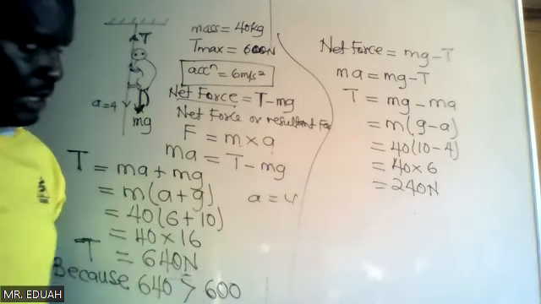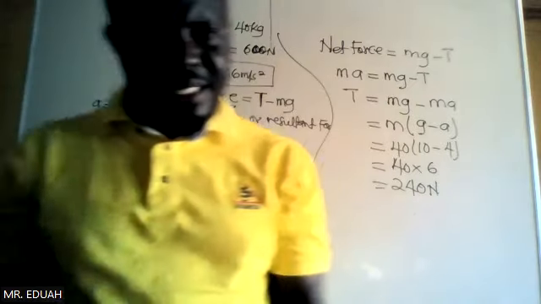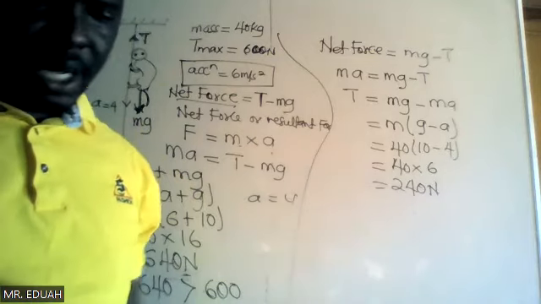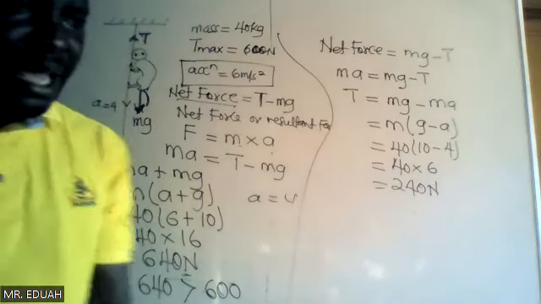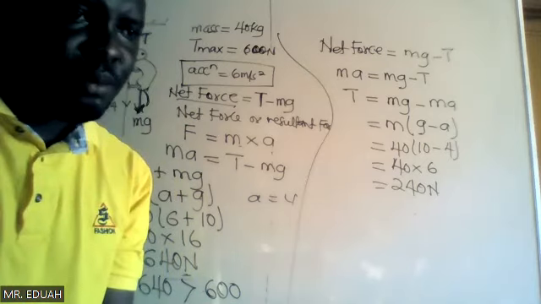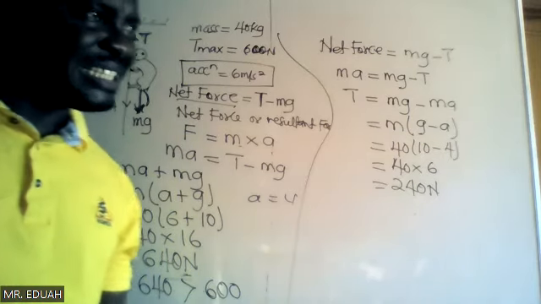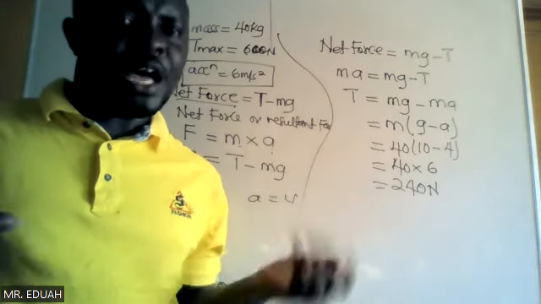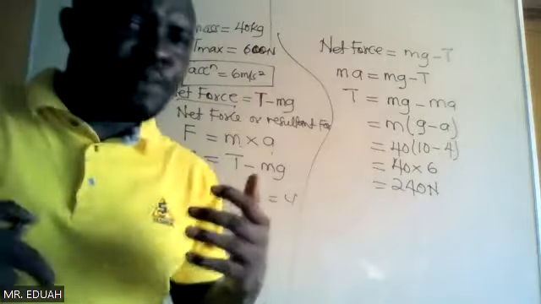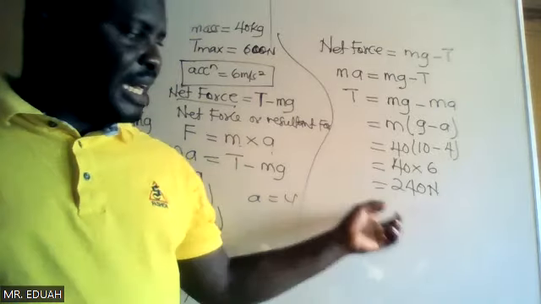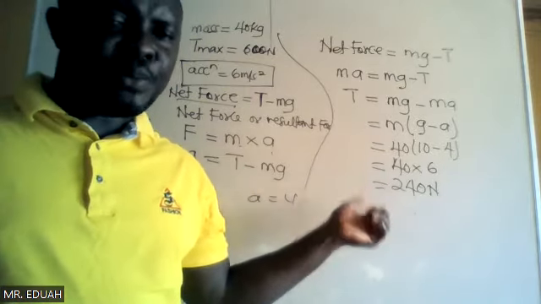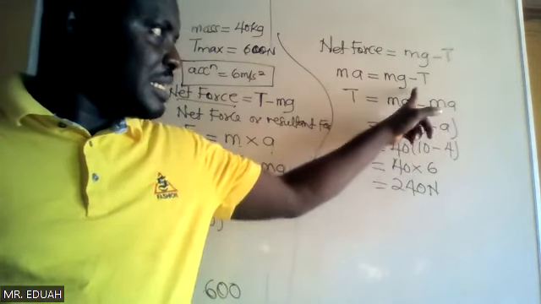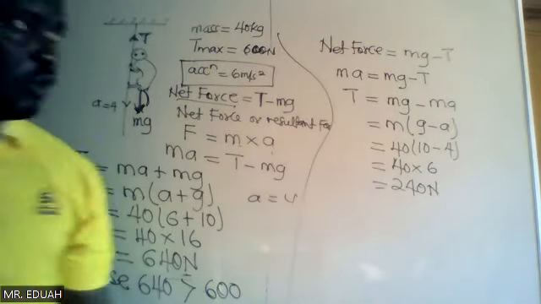What I'm saying is that if the monkey is climbing down with an acceleration of 4, then its weight must be greater than the tension to give us that acceleration of 4. So if you are looking for the net force which must produce that acceleration, we subtract the tension from its weight. So mg minus T would give us the net force.